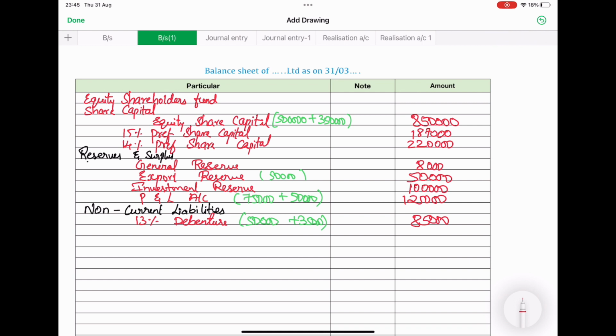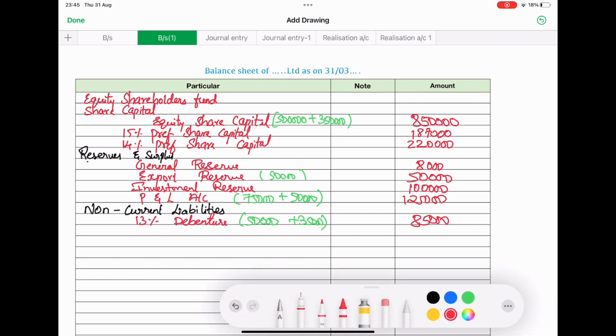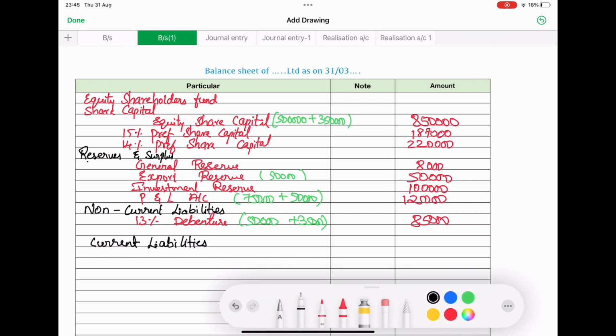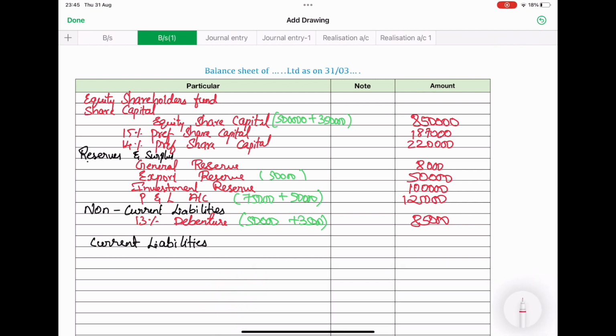Next, obviously we are going to mention current liabilities, because all non-current liabilities are over, we don't have anything else. Under current liabilities, provisions for taxation, sundry creditors, bills payable and trade payables will be entered. In our question they have directly mentioned current liabilities as 1,15,000.